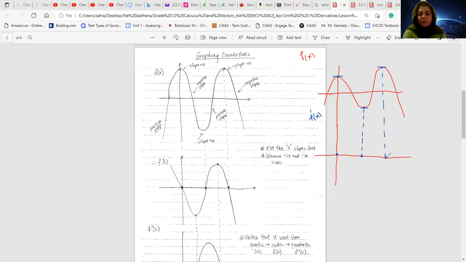So the first thing I do is put the zeros of my f prime. Then what is the slope from here to here? It is positive, right? Therefore, I need to come from this side. I cannot do it like this, because then f prime would be negative. But I know the slope is positive, so I should make sure my f prime is positive.